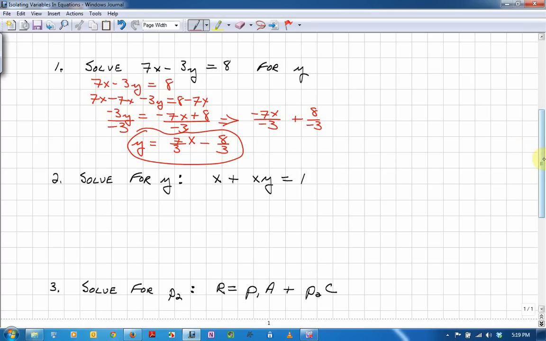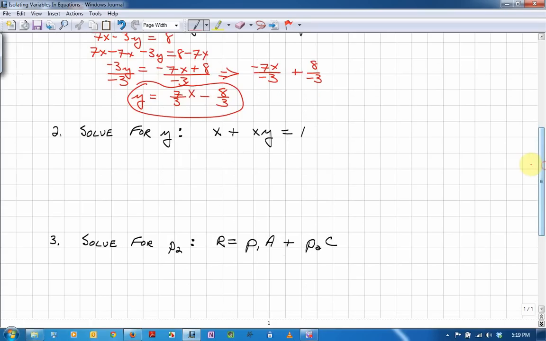Okay, let's do the next one. It says solve for y. Let's write the equation again: x plus xy equal to 1. Reverse order of operations, so let's get rid of that x. If I subtract x from both sides, I get xy is equal to 1 minus x, which I'm going to rewrite as xy is equal to negative x plus 1. Now I need to get this y all alone, and it has the x multiplied by it, so let's divide both sides by x.